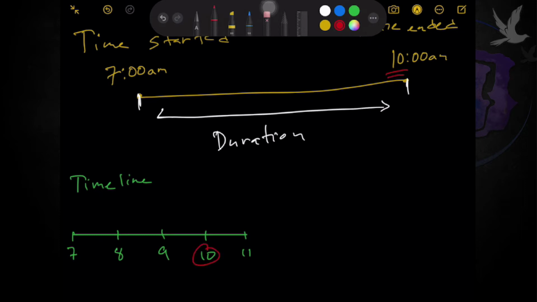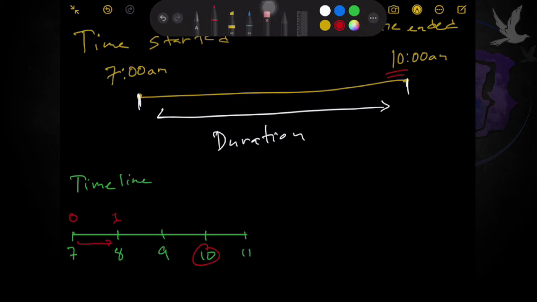When you start counting, you always start at 0. That is our starting time. Okay? Our starting time should always be 0. So that's a 0 hour. The next hour will be the first mark of your first hour. So that's 1 hour, from 7 to 8.